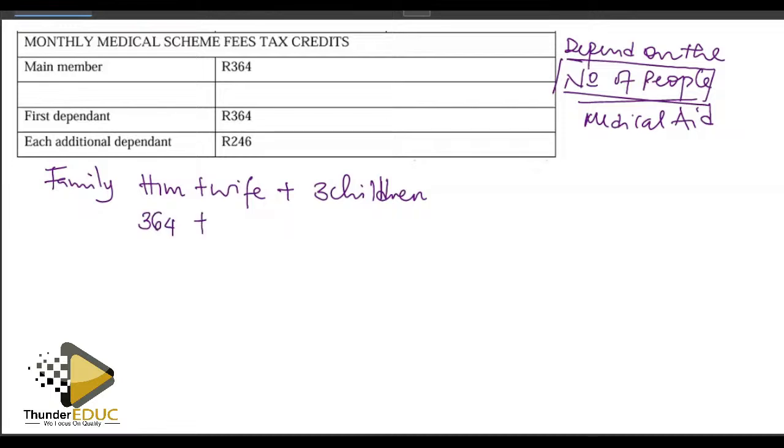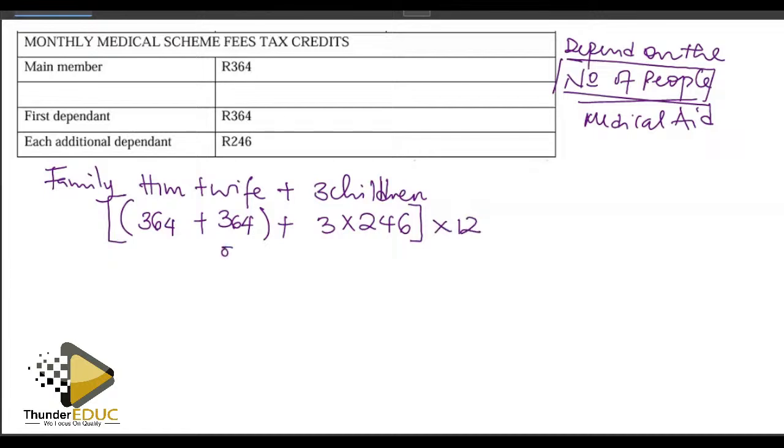Plus the first dependent, whether the child, whether the wife, or he has put the granny there. So these two qualify for that. Then whatever comes, now here we have 3 children, the 3 children will go for this. And don't forget, multiply it by 12.